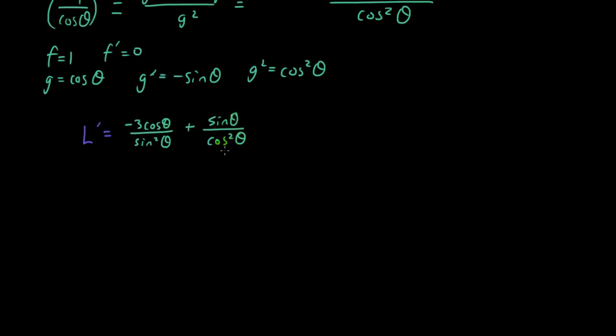You might ask, why did we differentiate it? We differentiated it because the maximum or minimum of a function, in this case L, occurs when the derivative of the function is equal to 0.